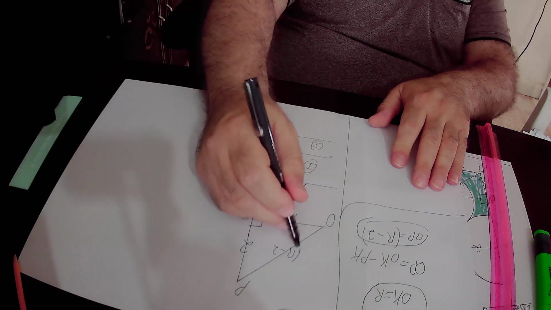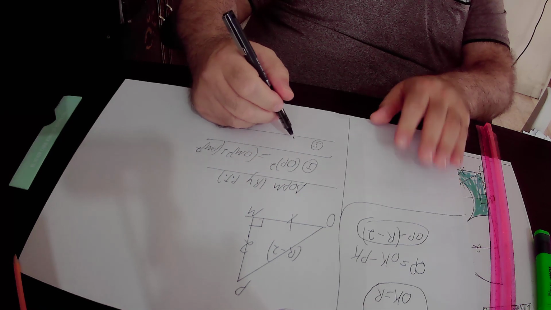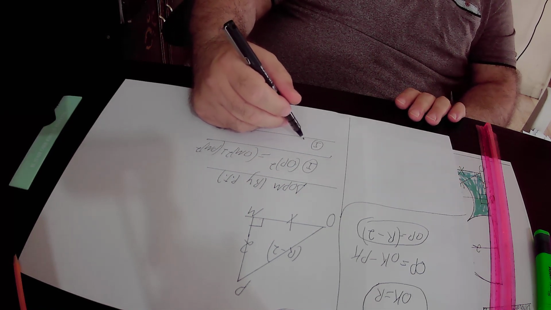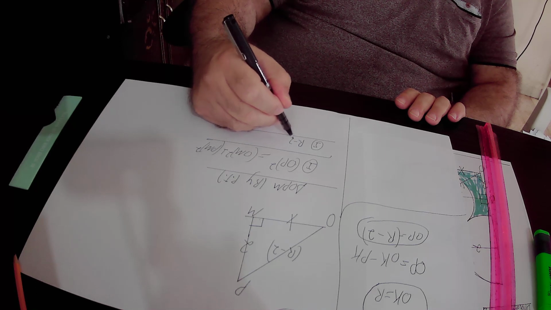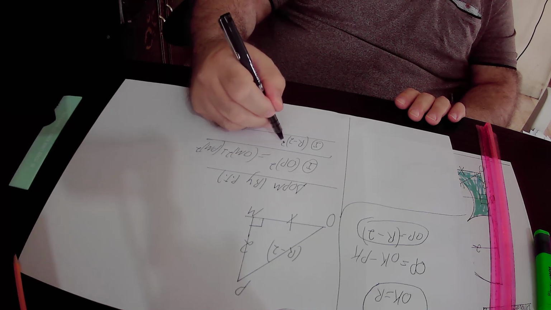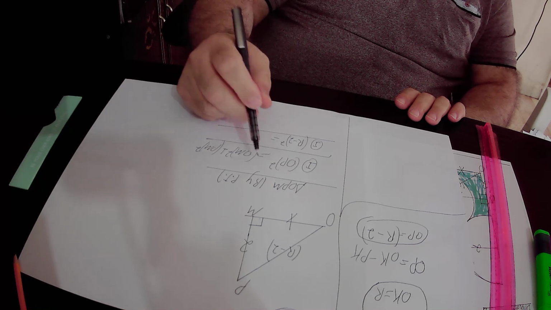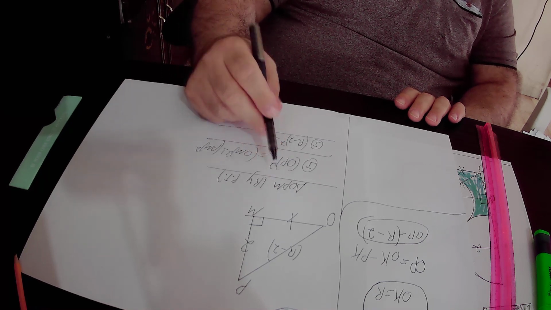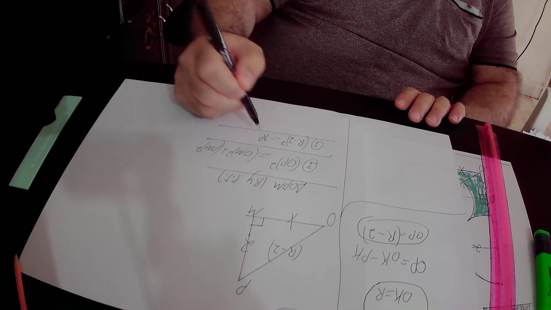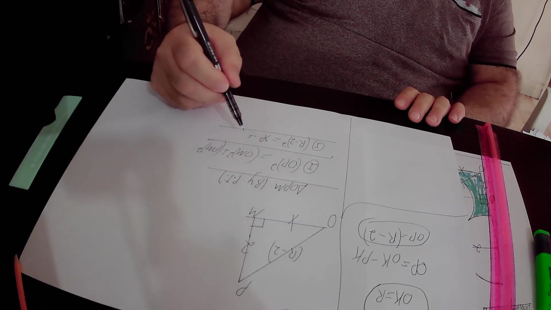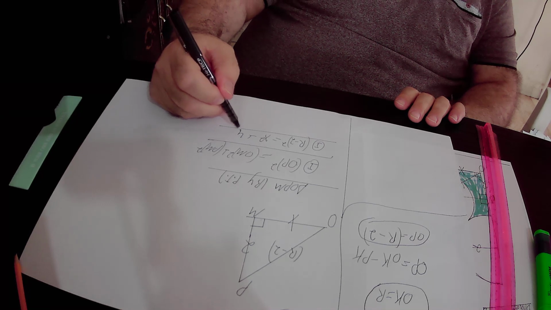The hypotenuse OP equals capital R minus 2, so therefore OP squared is capital R minus 2 squared. And it is equal to OM squared. OM is X, so OM squared is X squared plus PM squared. PM is 2, so PM squared is 2 squared, that is 4.